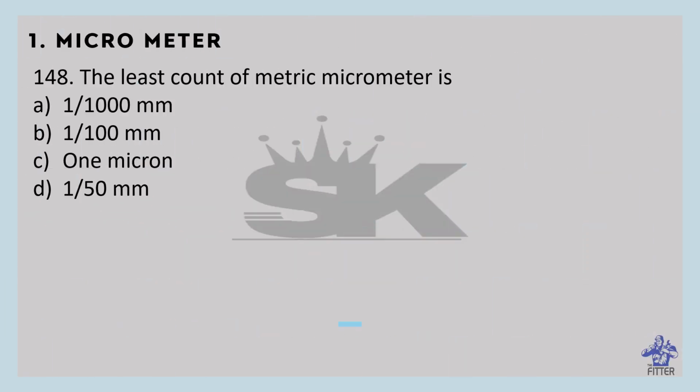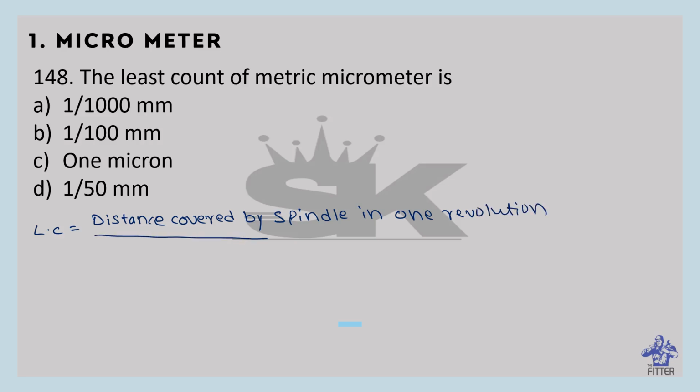The least count of a metric micrometer is: least count equals the distance covered by the spindle in one revolution divided by the number of total parts on the thimble.